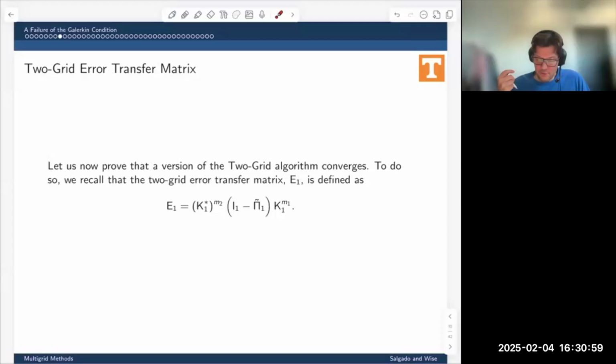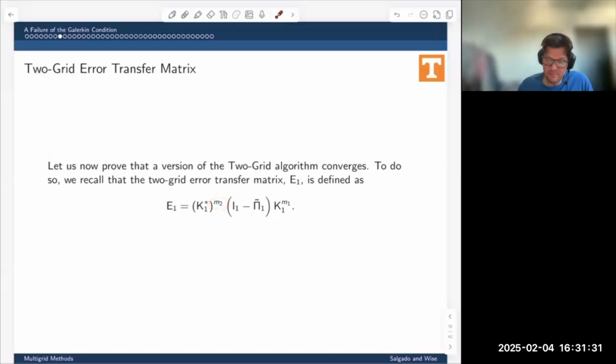If you remember, the two-grid algorithm involved pre-smoothing via M1 steps, and then I calculate the residual, push it down through restriction to the lower level. I calculate the coarse grid correction from that and push that up to the fine level. I only have 2 levels in my 2-grid algorithm. And then I do some post smoothing on that M2 times.